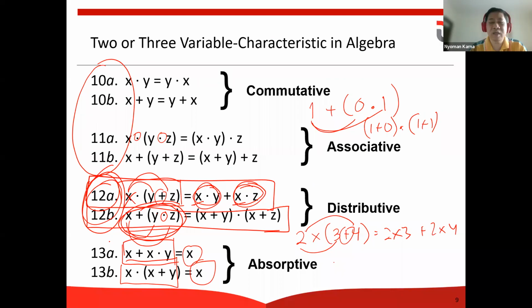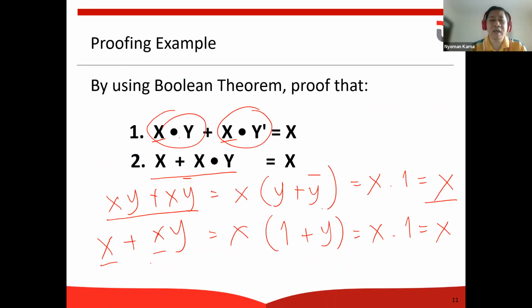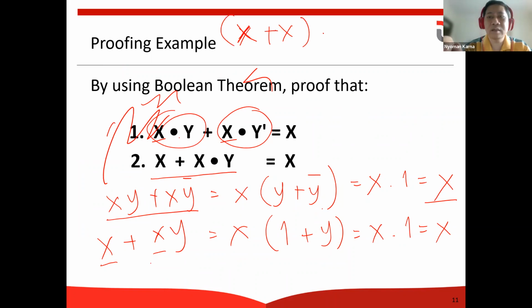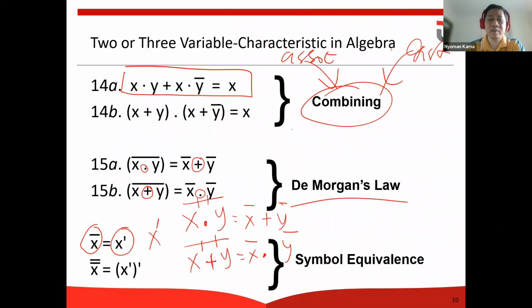So we can use that to become x plus x times x plus y. Okay, so the distributive law from 12b.